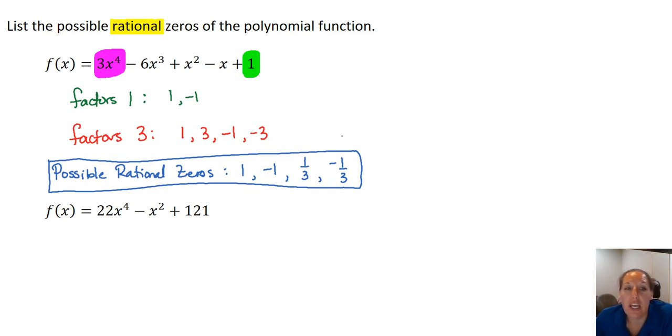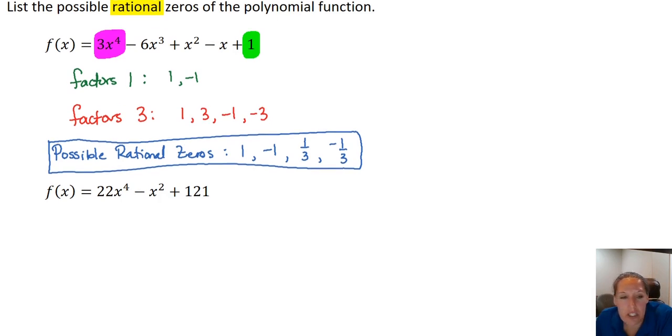So that means that there is no way that x minus 4 is going to be a factor of this, because we do not have that 4 in our list. The only factors that we could get are going to be x plus 1, x minus 1, x plus 1/3, or x minus 1/3.